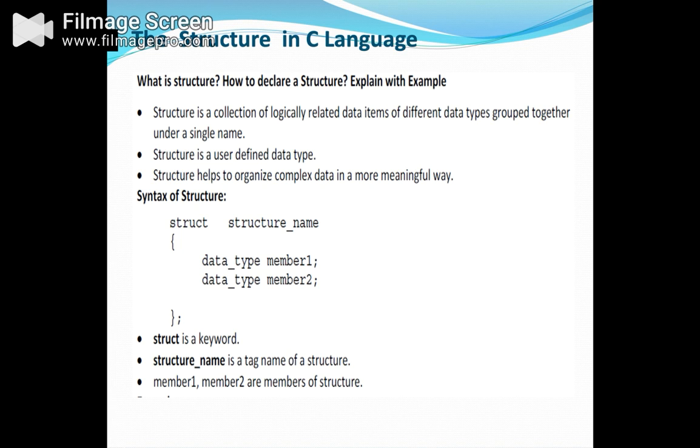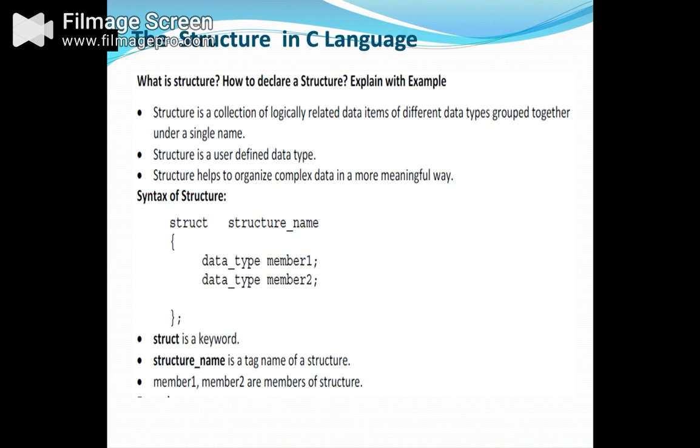For example, it can be used to represent a set of attributes such as student name, roll number, marks, etc. in a combined form, which can be called a record in another language. The first question which we will discuss here is what is a structure and how to declare a structure.